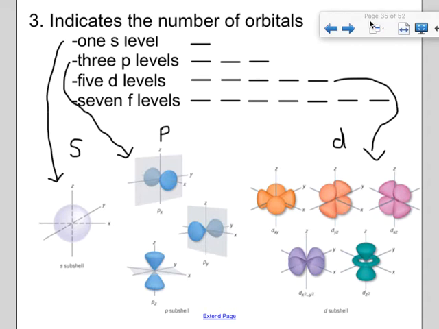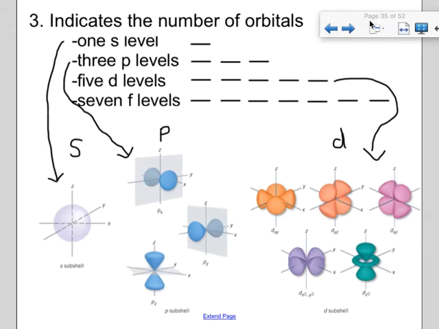If I wanted to show carbon using the orbitals, I would always start with 1s. S can hold how many total electrons? 2. So I have 2 electrons, but I have to get to 6, so I need 4 more. What's the next energy level according to the periodic table?